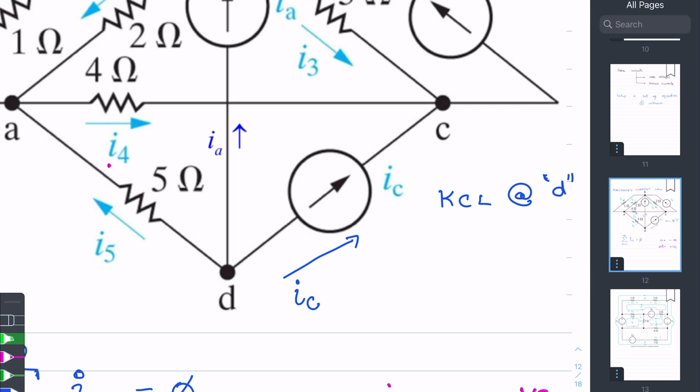IC is leaving, and I5 is leaving as well, and IA is leaving. So when you sum all the currents, IC plus IA plus I5, that equals 0. There's no current flowing into this node, so you don't have any currents with negative sign.